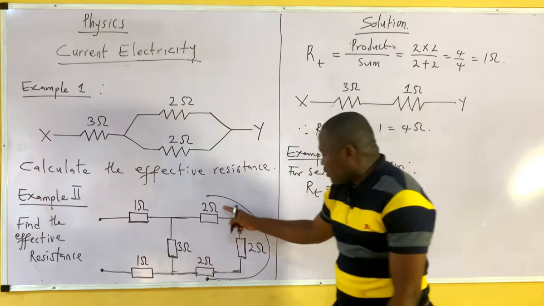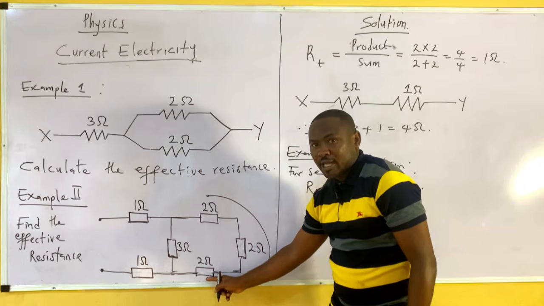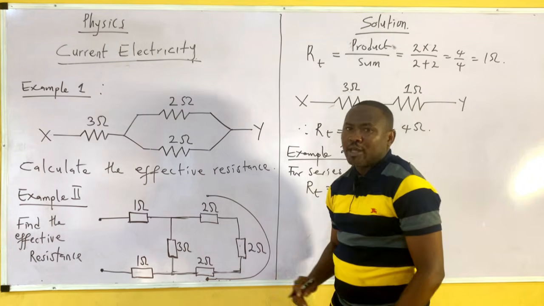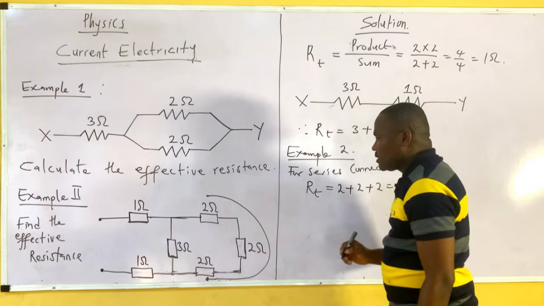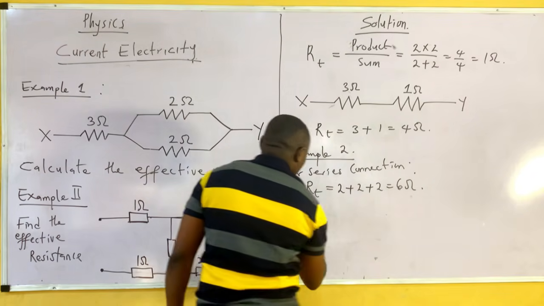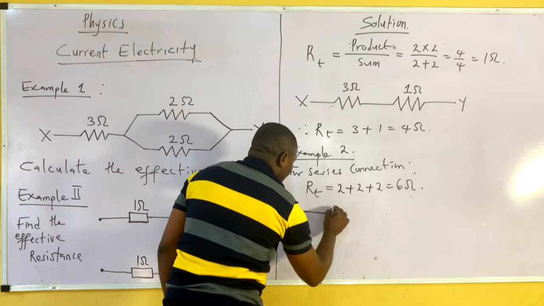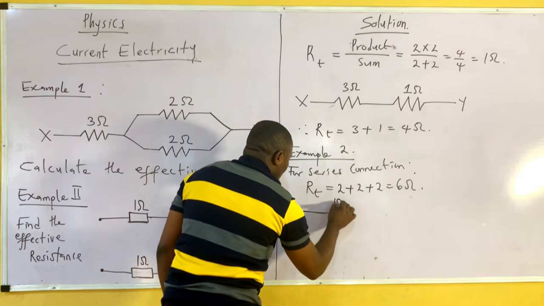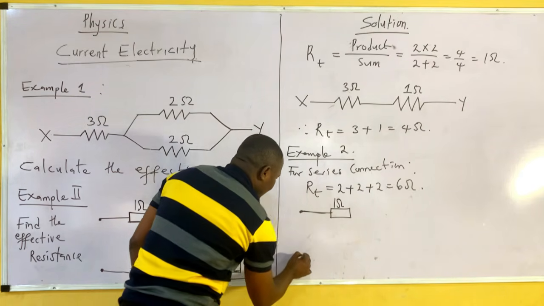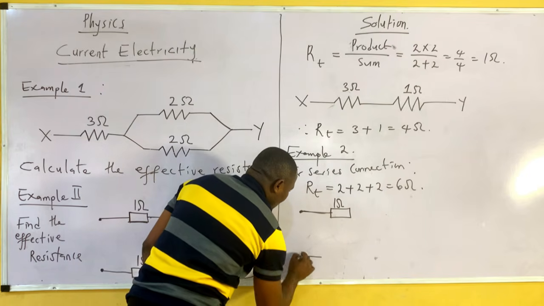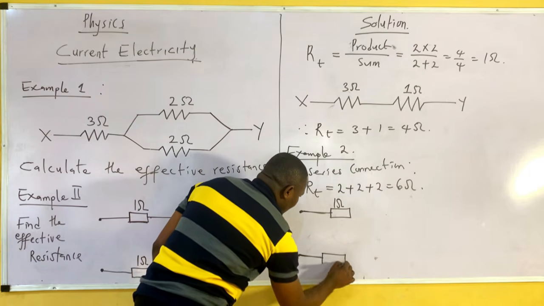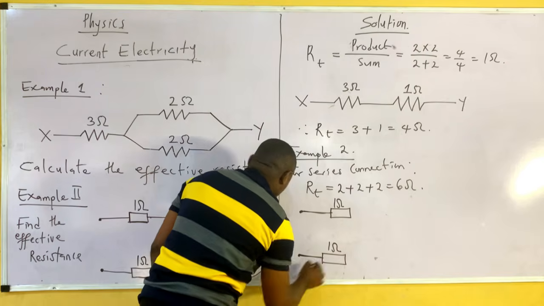So if here to here is 6 ohms because they are in series, what will now be my new circuit? My new circuit will be this, which I have here as 1 ohm. Then I have this place again, another 1 ohm. Now please take note of this, very important.